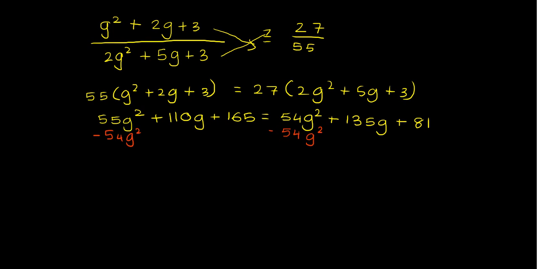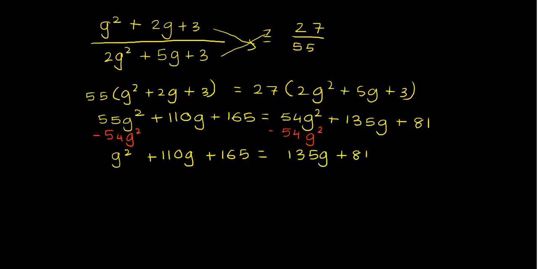So I'm left with g squared plus 110g plus 165 equals 135g plus 81.